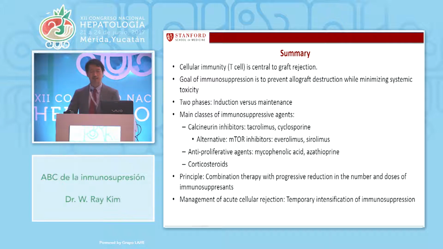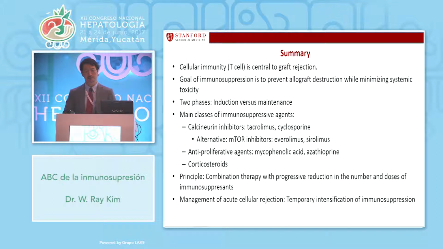The main classes of immunosuppressive drugs we talked about: calcineurin inhibitors, including tacrolimus and cyclosporine. The alternative medicines are mTOR inhibitors, including everolimus and sirolimus. The second class is antiproliferative agents, mycophenolic acid or azathioprine, and corticosteroids we haven't been able to get rid of completely.